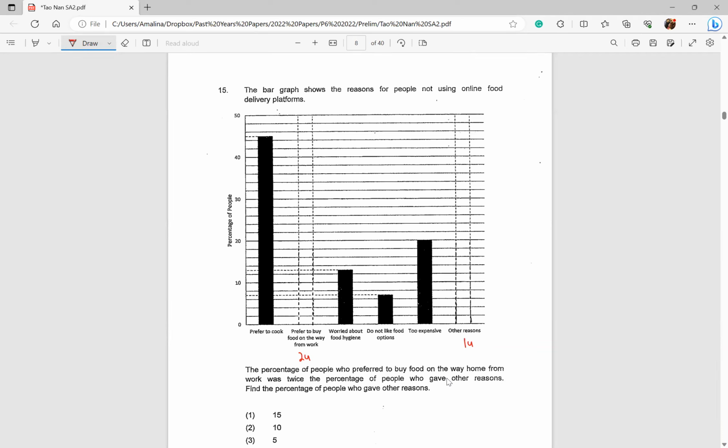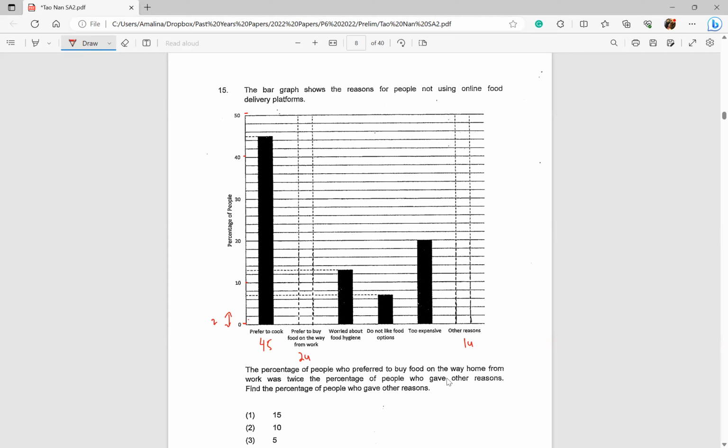Now let's look at the percentages for the others. Prefer to cook is between 40 and 50. This is 45%. Worry about food hygiene is 13%. How do I know this? Let's look at the gaps. From 0 to 10, if I look at the spaces, there are 1, 2, 3, 4, 5 spaces, which means that every one gap is 2.